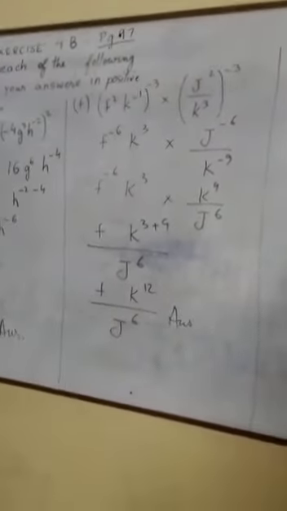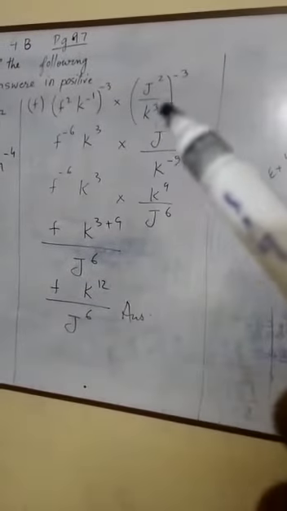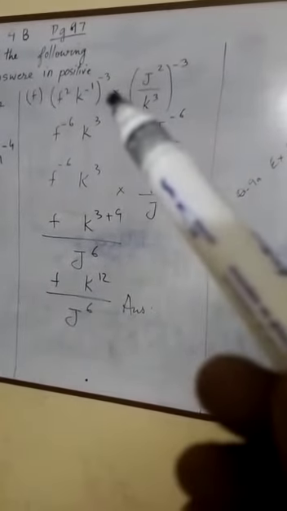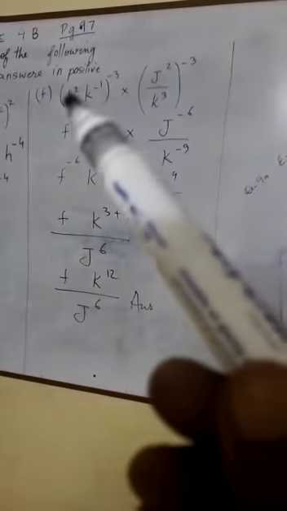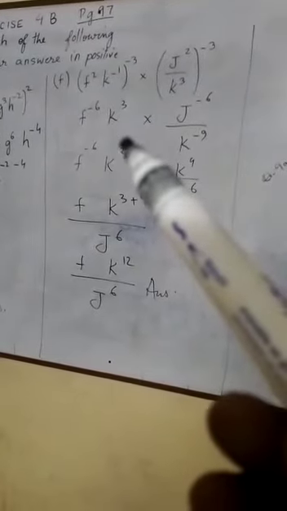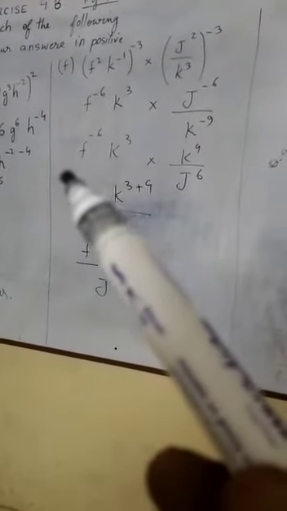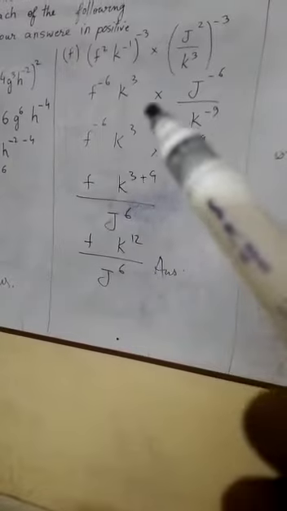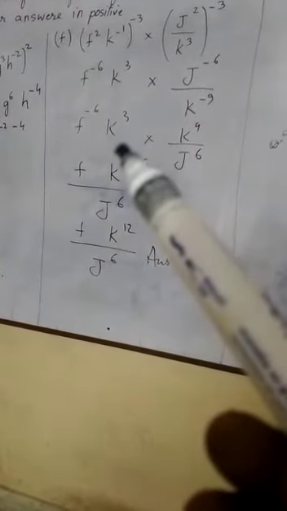Now let's have the explanation once again. See, one bracket is this one and the other bracket is this one. First of all, we will multiply with the negative 3. So it will become F^-6 and K^3. Now F^-6 and K to the power 3 will be the final thing over here.